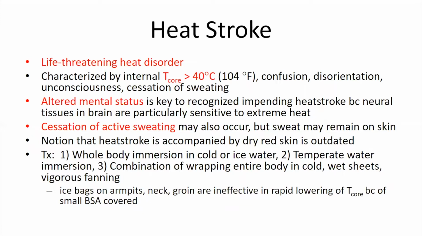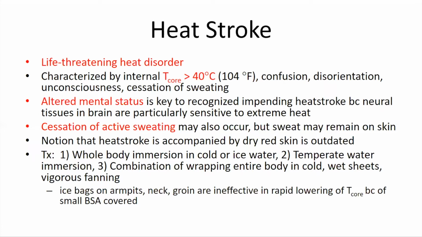So the treatment for this would be whole body immersion in ice water. The second option would be dousing the individual with water with rapid fanning to encourage evaporation and conductive and convective heat loss.